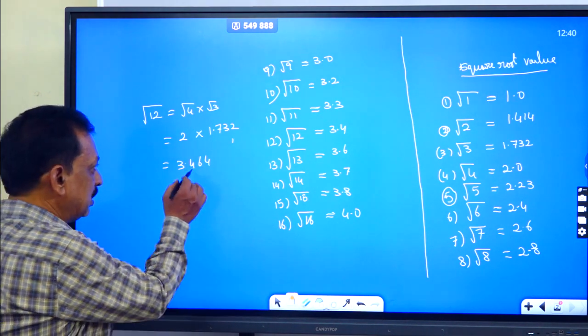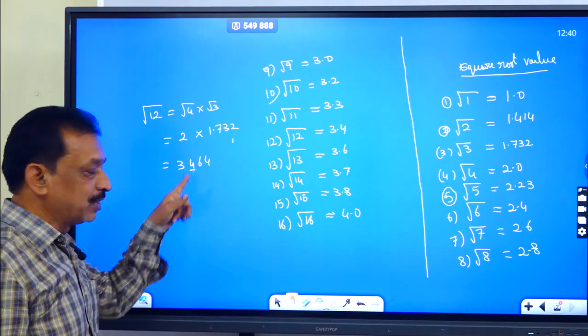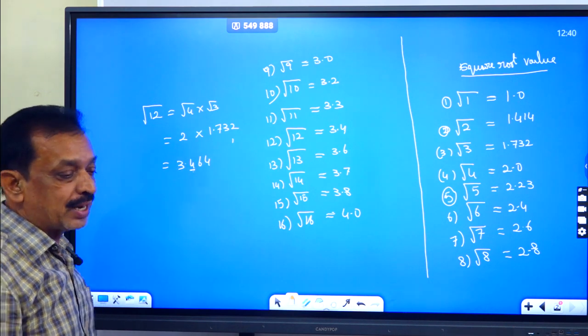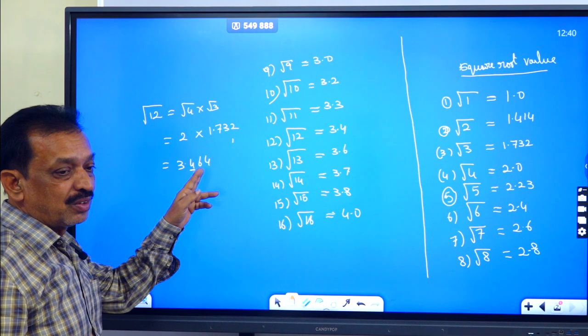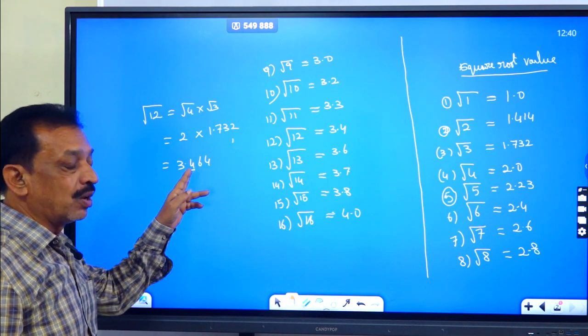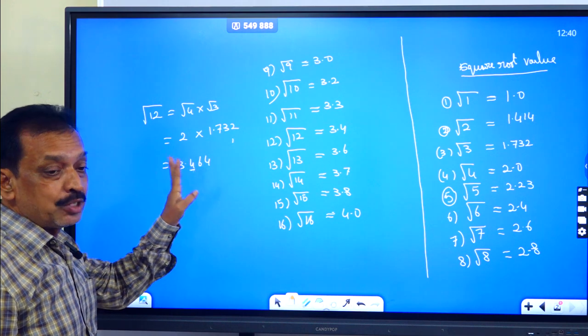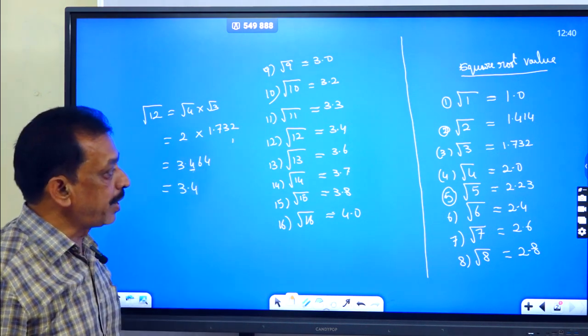So the 4 is an even number. If it is 5, I can say 3.6, but because of rounding up the number, there is a rule. The preceding number is even number, you cannot add it. Odd number means you can add. So the answer here is 3.4 only.